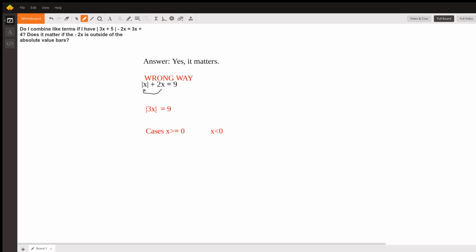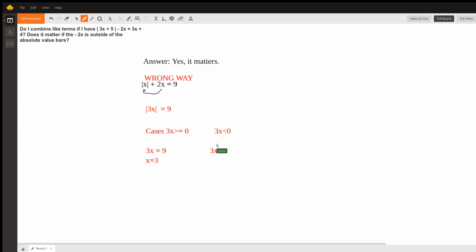In the first case, the absolute value sign will just drop. We have 3x equals 9. We divide both sides by 3 and get x equals 3. In the other case, 3x is less than 0.